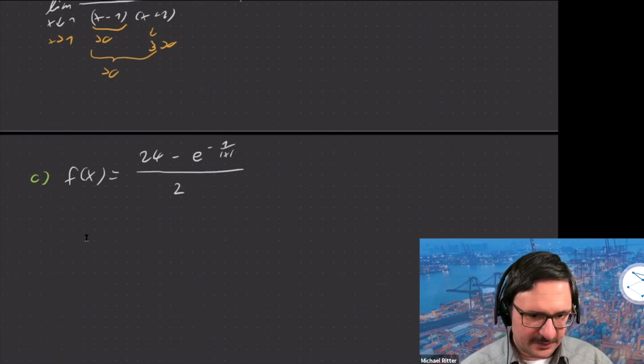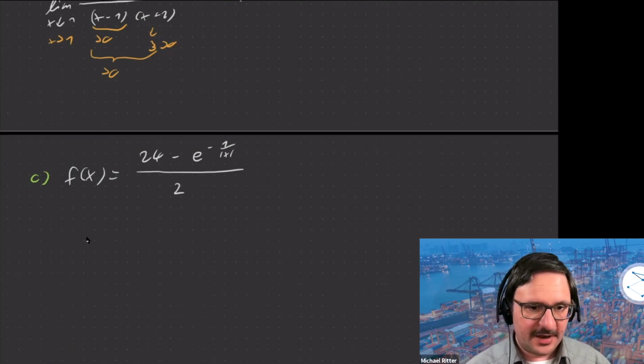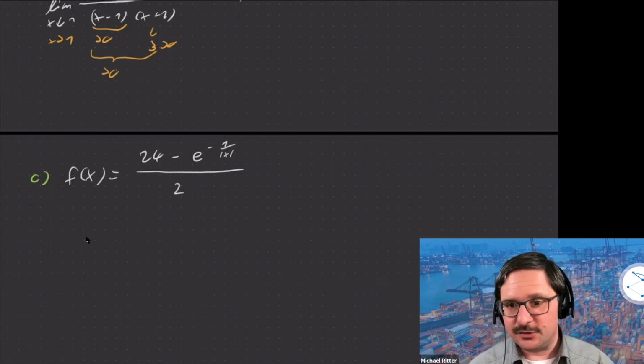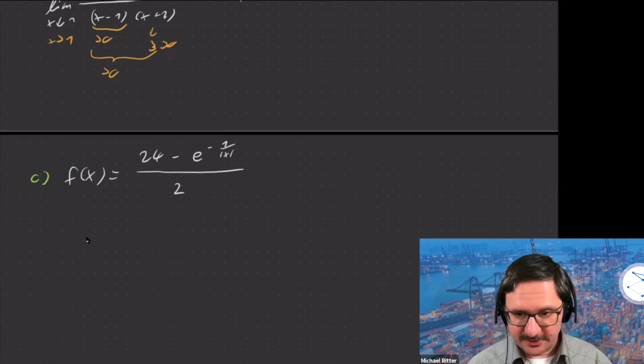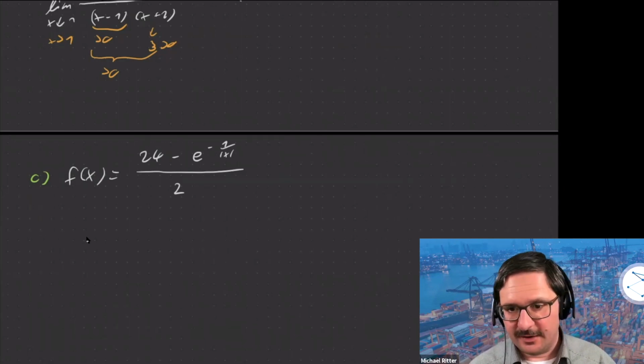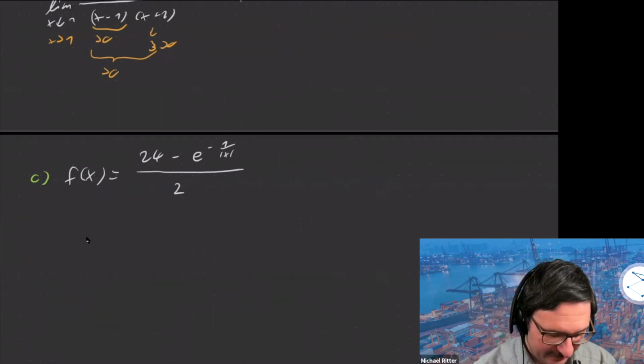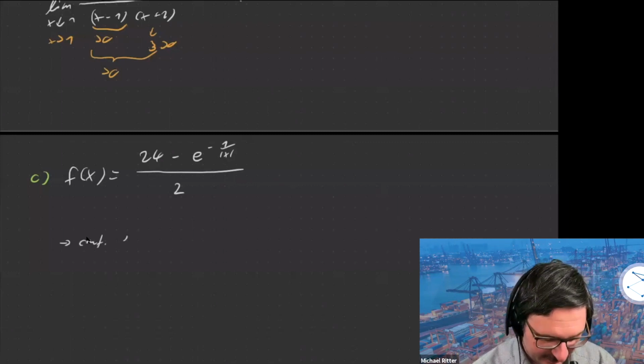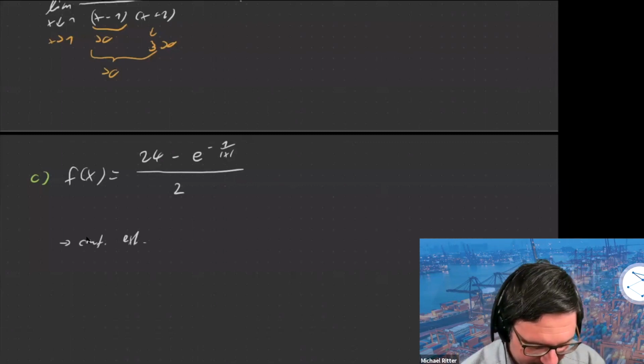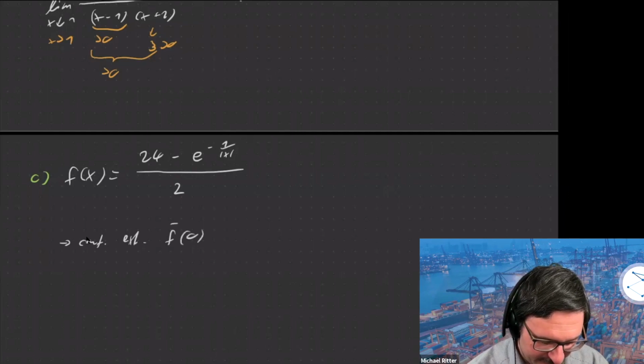Okay, so we know already that this function can be extended continuously to the point x equals 0, with f bar of 0 being 12. So this is the continuous extension, f bar of 0 equals 12.